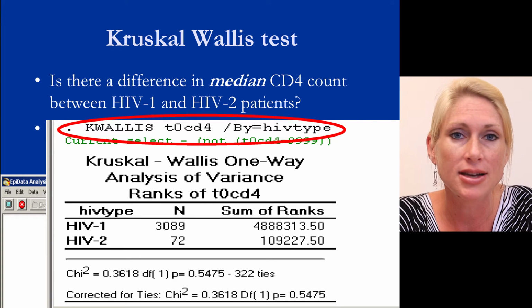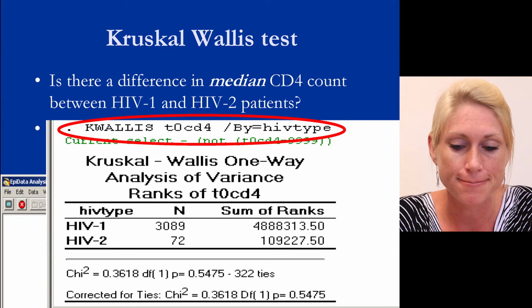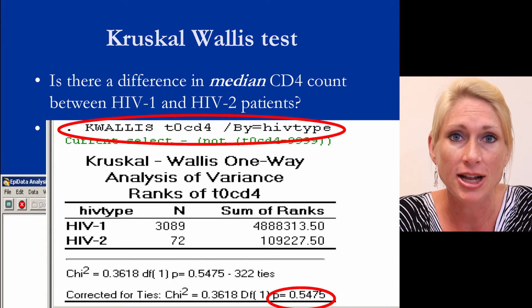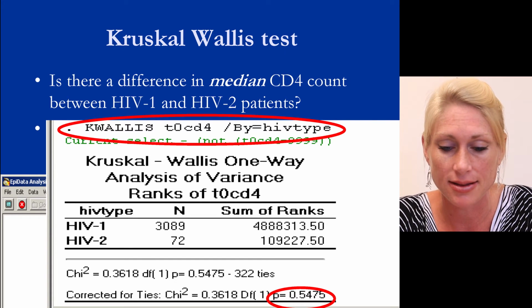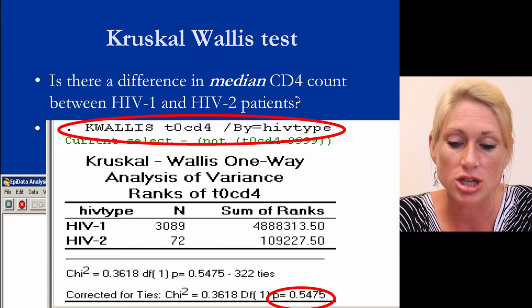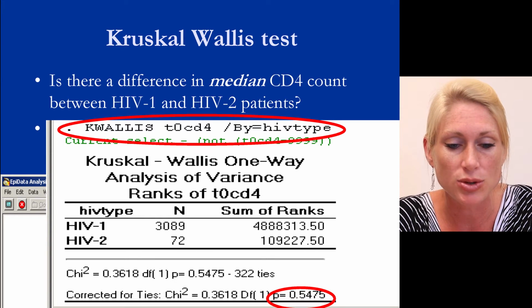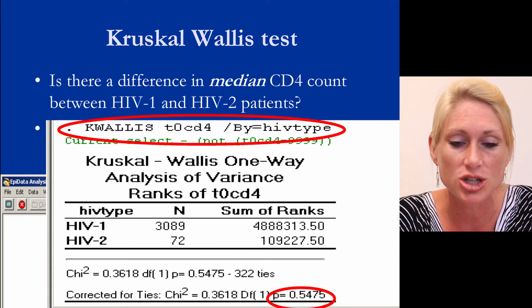At the top here, the command that can otherwise be run from your command line. And this here is the p-value that we are specifically interested in. P equals 0.55 rounded up. So a small, or rather a large p-value. In other words, we do not have evidence that there is a difference between HIV1 and HIV2 patients in relation to CD4 count.